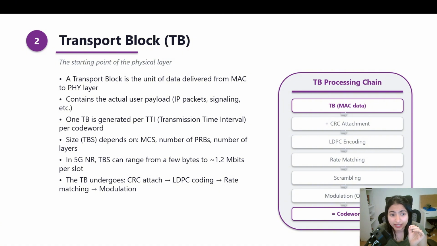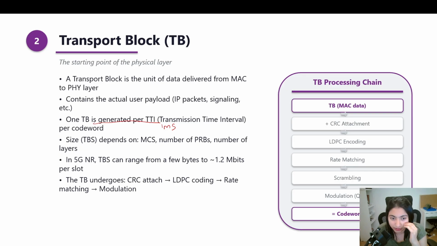Every RAN engineer should know that one transport block is generated per TTI, or transmission time interval. In 5G, a typical TTI duration is around 1 millisecond, which is one slot at 15 kilohertz. The size of this transport block is not fixed.